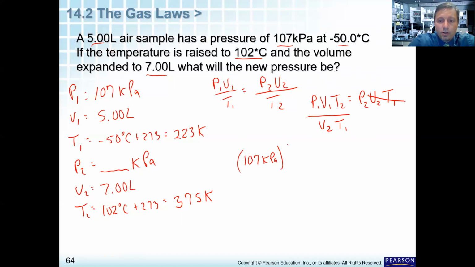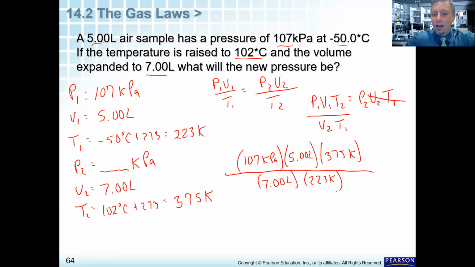My volume 1 is 5.00 liters. My temperature 2 is 375 Kelvin divided by my volume 2 is 7.00 liters. And my temperature 1 is 223 Kelvin. So now I can cancel off my Kelvin, cancel off my liters, and that gives me my kilopascals, which is what I'm solving for.